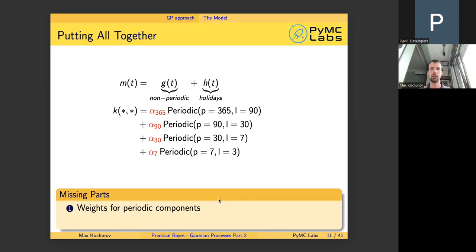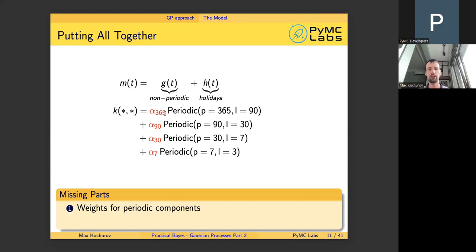So it is some random periodic function whose variance is 4. To fix the variance issue, you need alphas for every periodic component, and alpha weights your contribution to the kernel from a specific period.